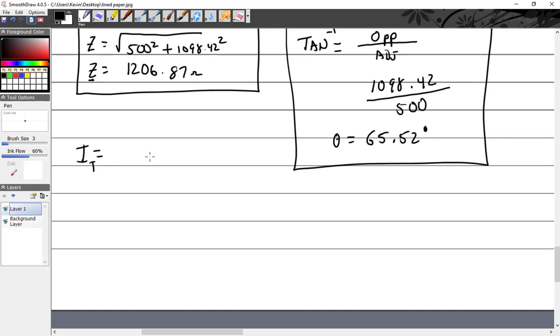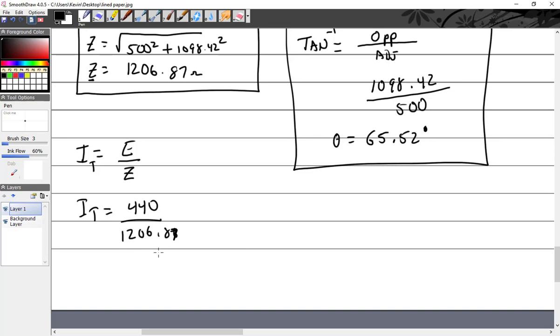I total equals E divided by Z. So I total equals, what is E? 440. Divided by Z, which is 1206.87, we'll call it 87.